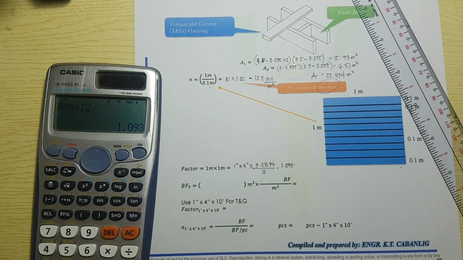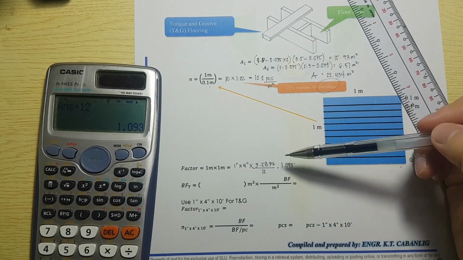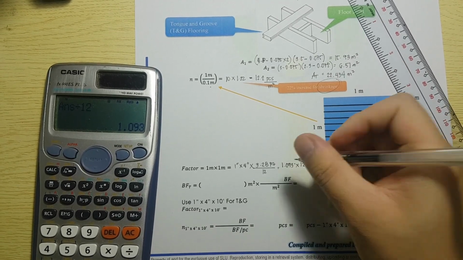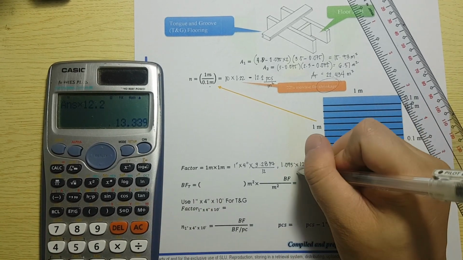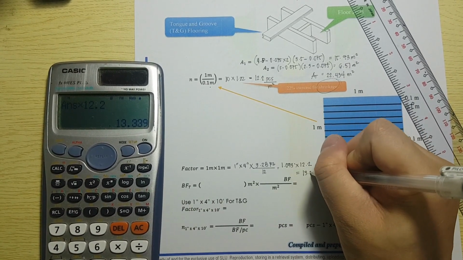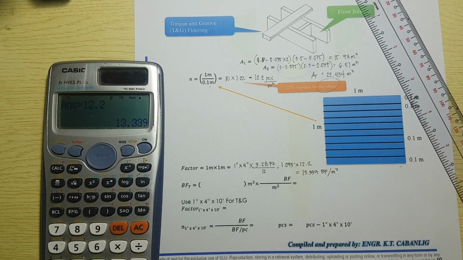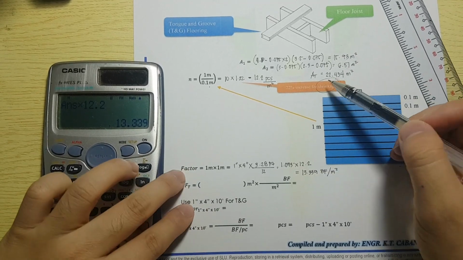Now, we need to convert that board foot to board foot per square meter. So, we multiply times 12.2, we have 13.339 board foot per square meter. So, the total board foot is equivalent to our area.